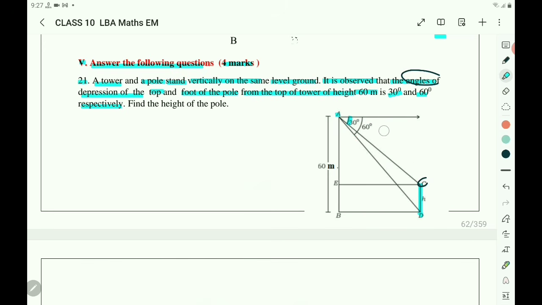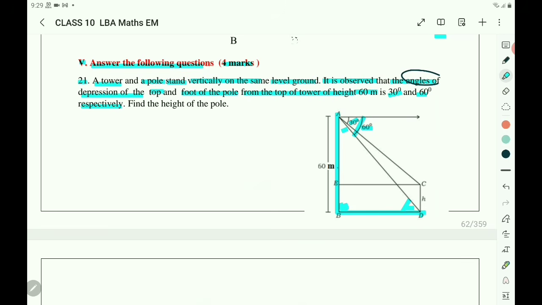To find the height of the pole, we need this distance. Angle B equals 90 degree. Therefore, triangle ABD is a right angle triangle. Apply the trigonometric ratio to the right angle triangle ABD. For this triangle, the 60 degree is there.